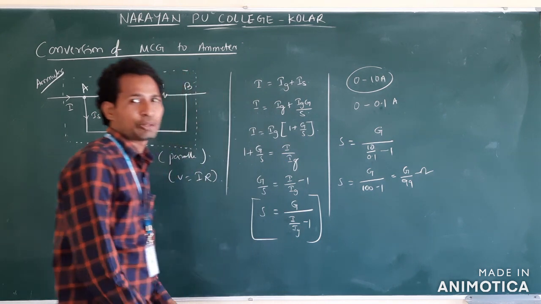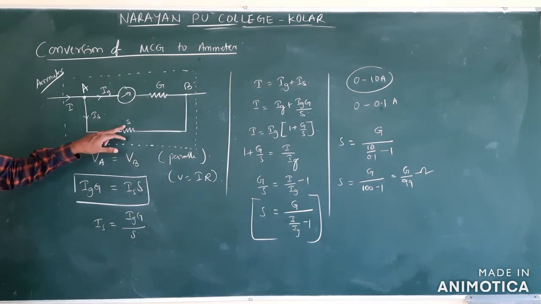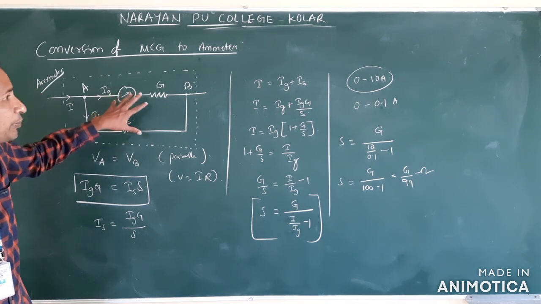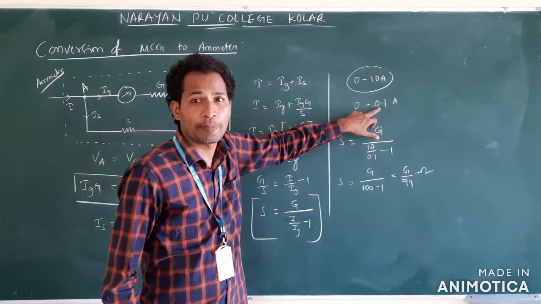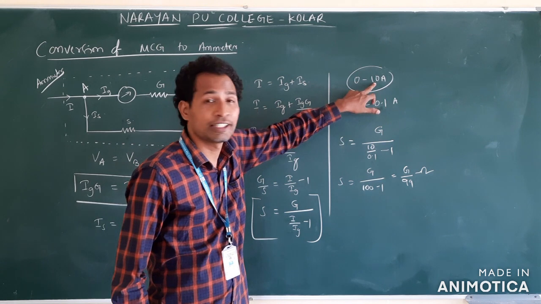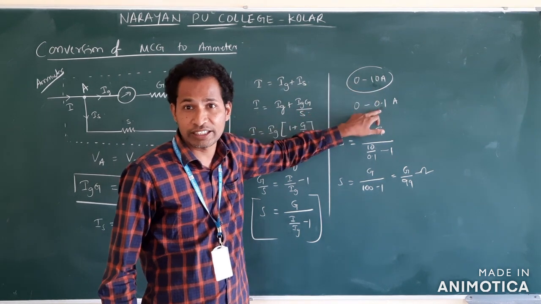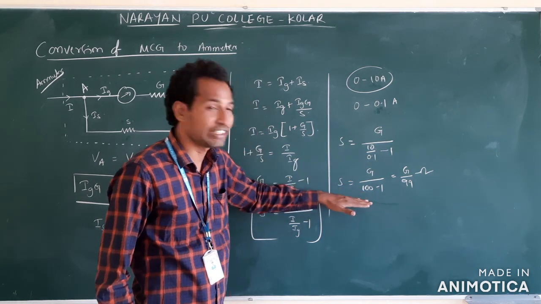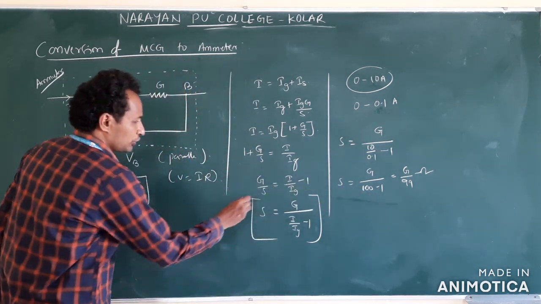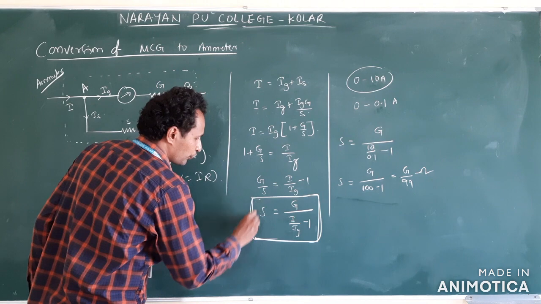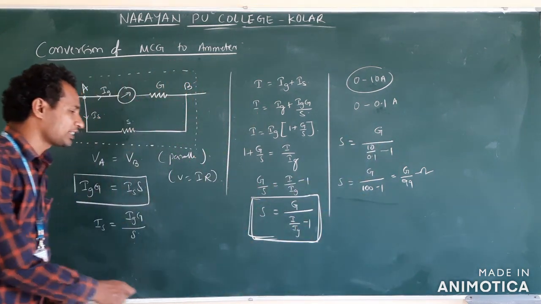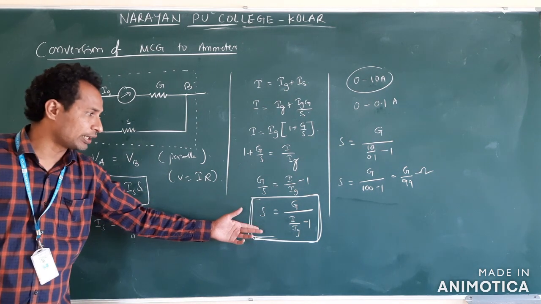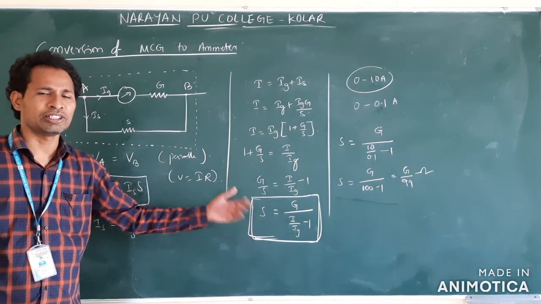If you connect G by 99 ohm instead of the old S, then this ammeter is going to measure 0.1 ampere. Previously it measured 10 amperes, now it can measure 0.1 ampere. Why? We changed the S. So this is a very important formula to find S, and we do expect questions in competitive exams on this formula. Understand? Clear?